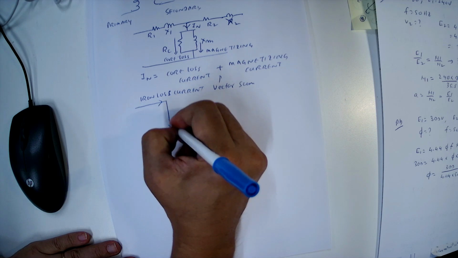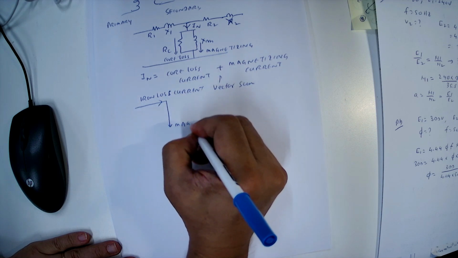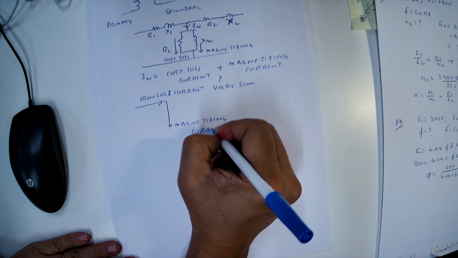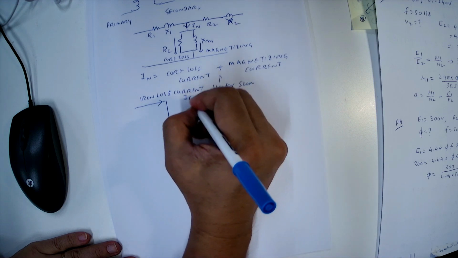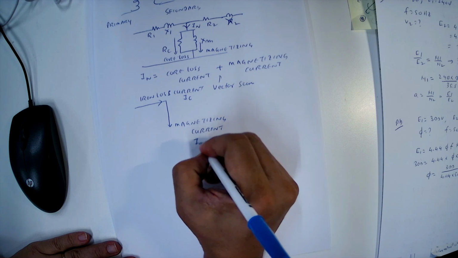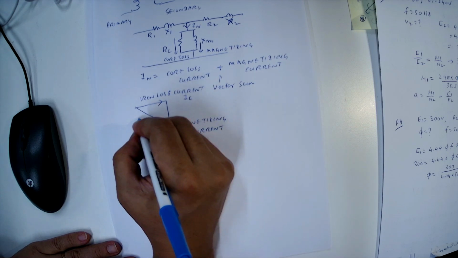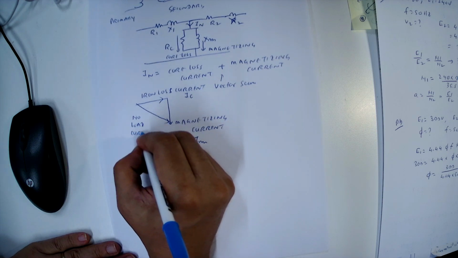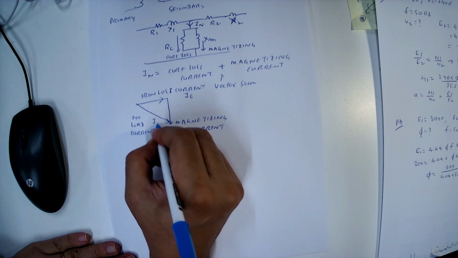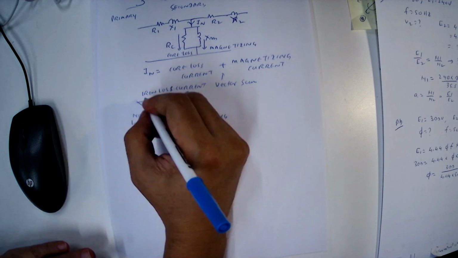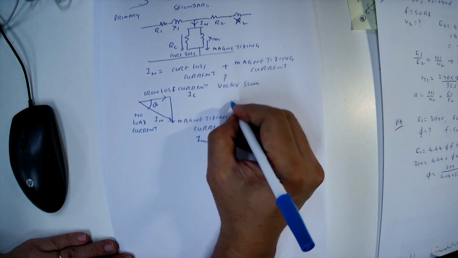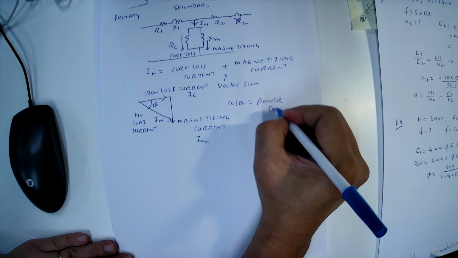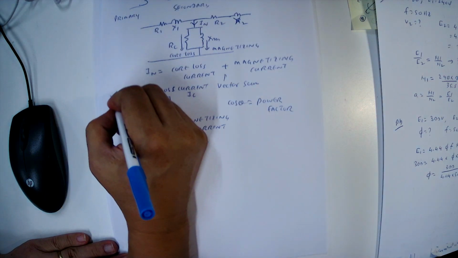Here is the magnetizing current I_M. Here we have the no load current I_N. You can see this angle is theta. So cos theta is the power factor. So this is the way we calculate.